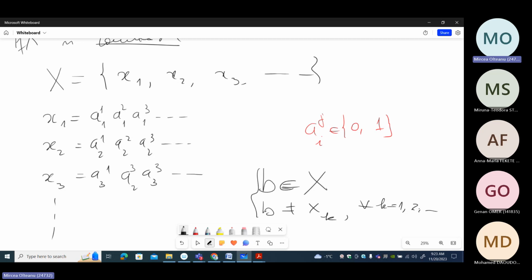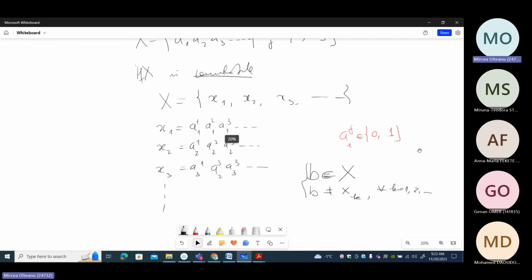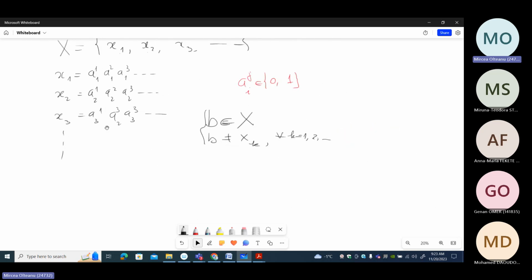So it is in X, but it cannot be X1, it cannot be X2. None of the elements written here can be this element which we shall define now. And the definition of B is as follows. So let B be B1, B2, B3, and so on. Of course, Bj here must be 0 or 1.